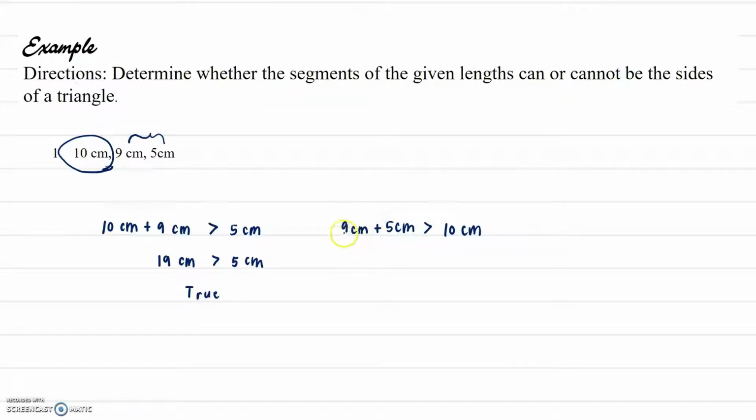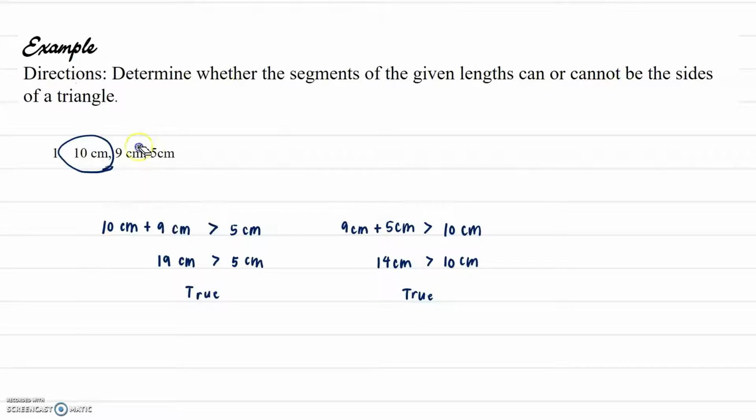So add, we have 9 plus 5, that would be 14 centimeters. It's greater than 10 centimeters. So is this statement true or false? Is 14 centimeters greater than 10 centimeters? Okay, true.